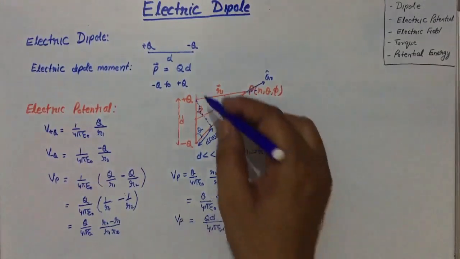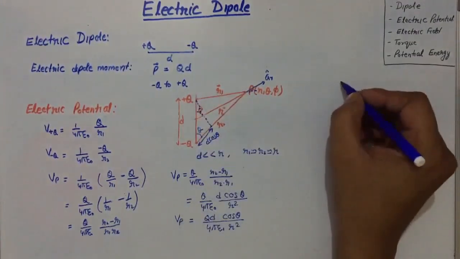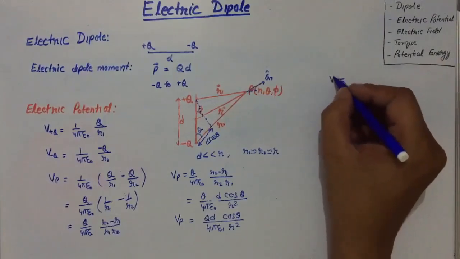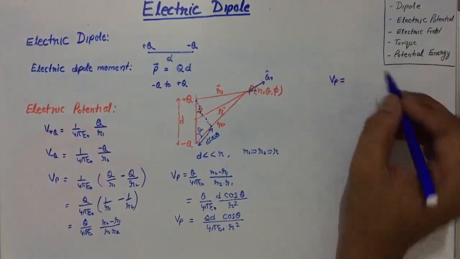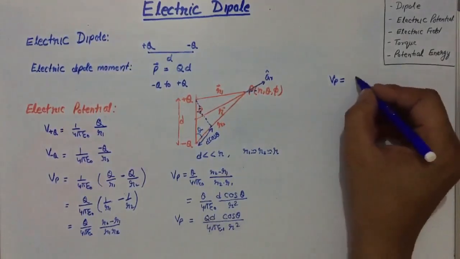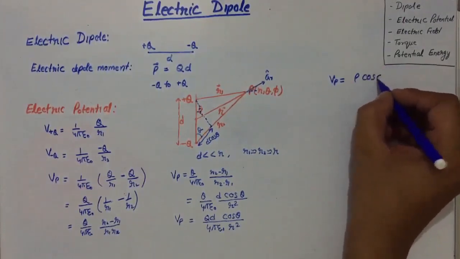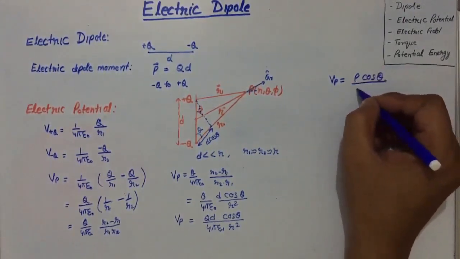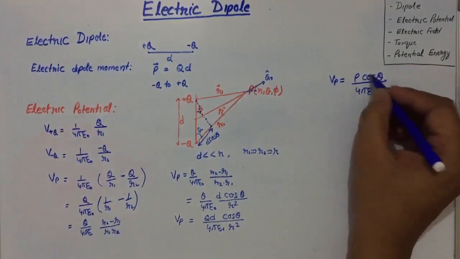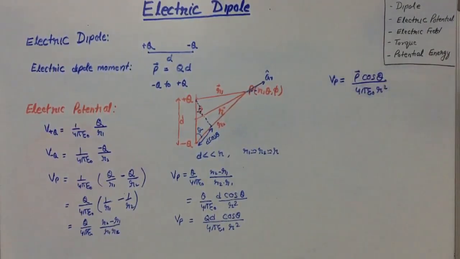Due to this dipole system, the potential is this. So Vp further can be written as, can we write this p? Qd can be written as p cos theta over 4 pi epsilon naught r square, we can write like that.